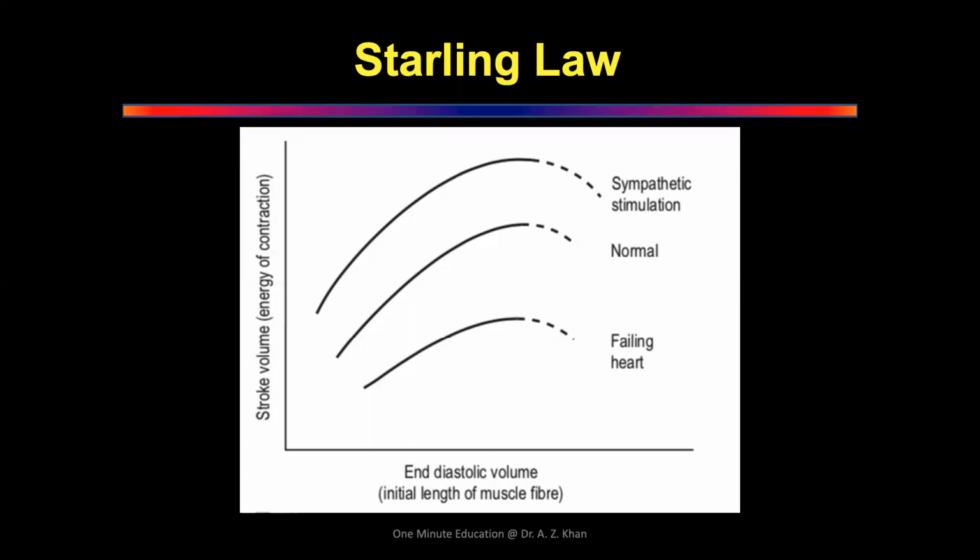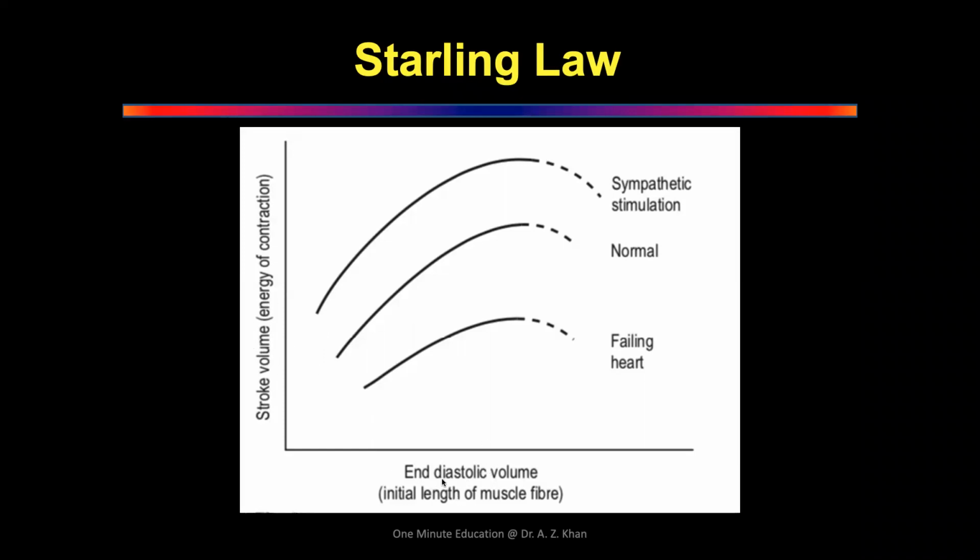Sympathetic stimulation would reduce the end diastolic filling, so shouldn't it technically reduce the output? No, it actually increases the stimulation. This is the basis of Starling's law. It increases the contractility of the heart. We are not saying that it will affect the end diastolic volume. We are talking about the stroke volume.